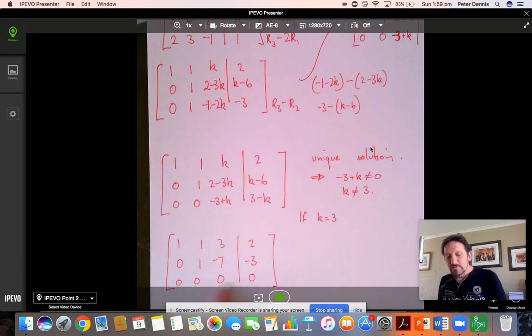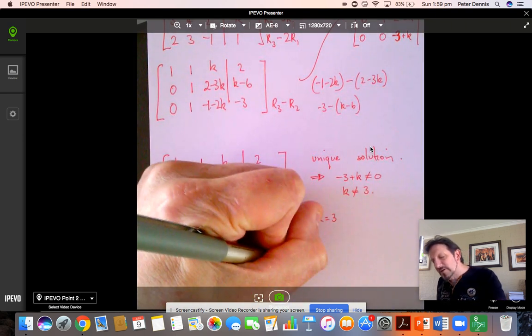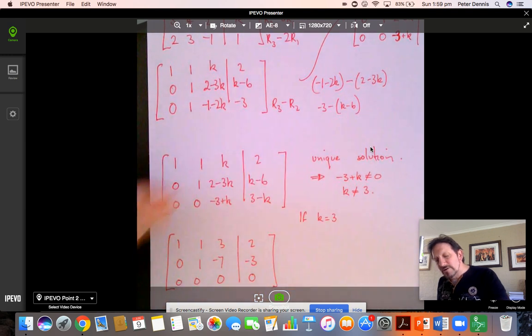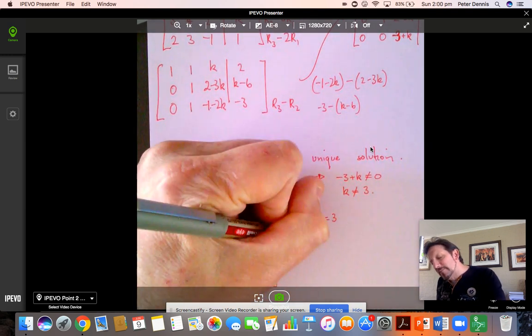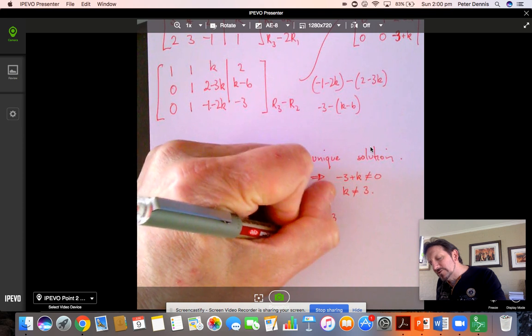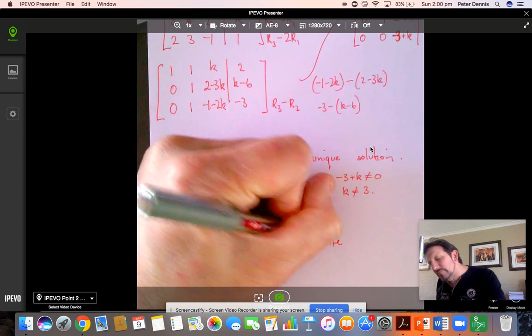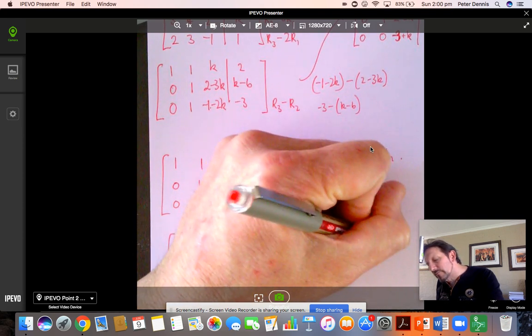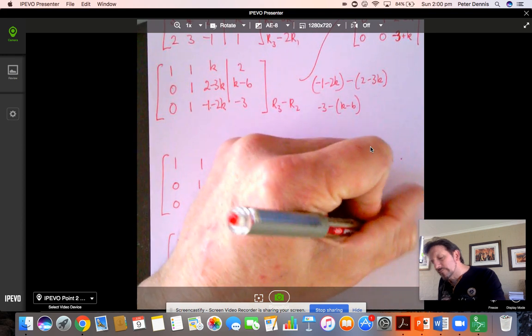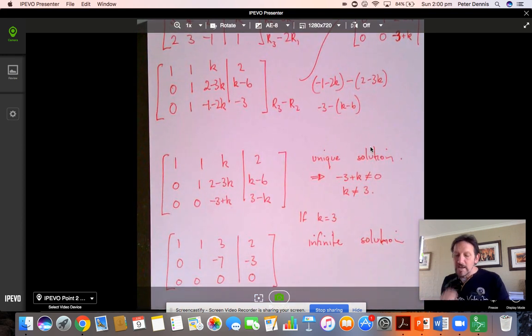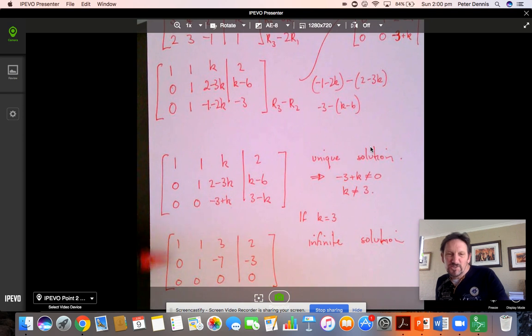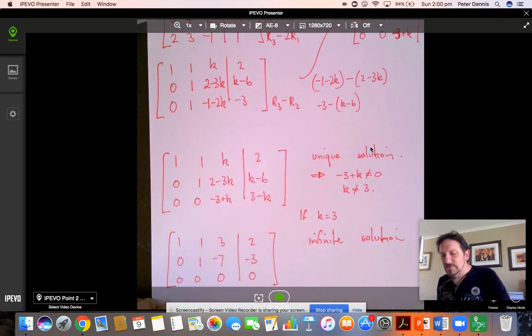If k equals 3, we've got this 0, 0 line. Because it's all zeros here and a 0 here, that's fine. This is going to give infinite solutions. Basically, because there's two equations in three unknowns, there's loads and loads of different solutions.